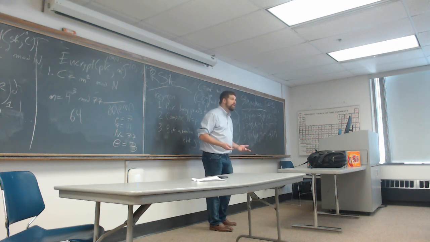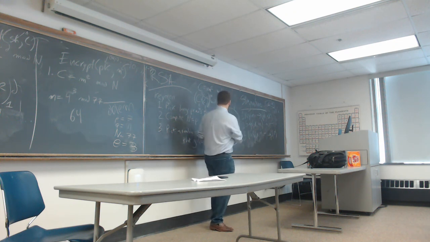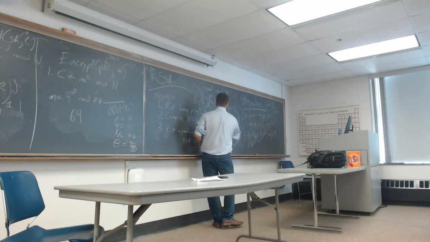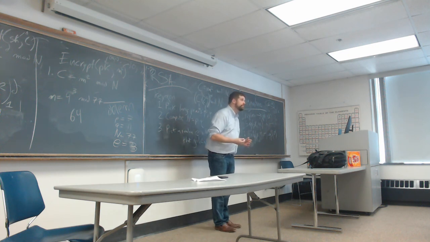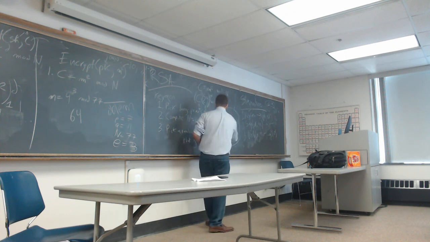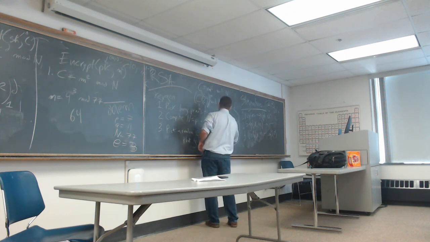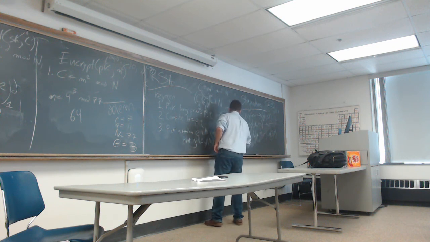And how do you verify that signature? If somebody gives you M and this value, sigma, what is the verification algorithm? Yes. The verification algorithm is simply taking sigma to the e and seeing if it's congruent to M mod n.